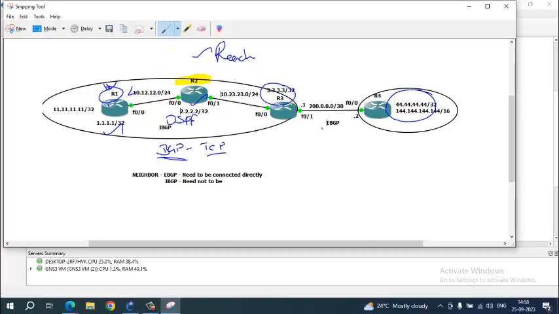R3 cannot give to R1 if R1 is not a BGP neighbor. R3 learns this network via BGP, and if you want to learn those networks on R1, that same BGP will give to another BGP, for which you need to enable BGP here.